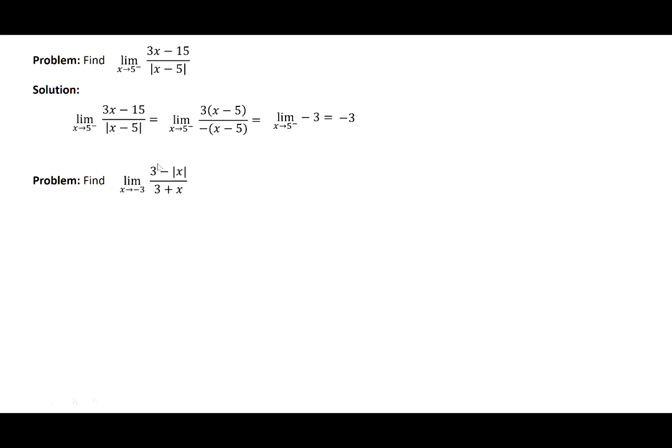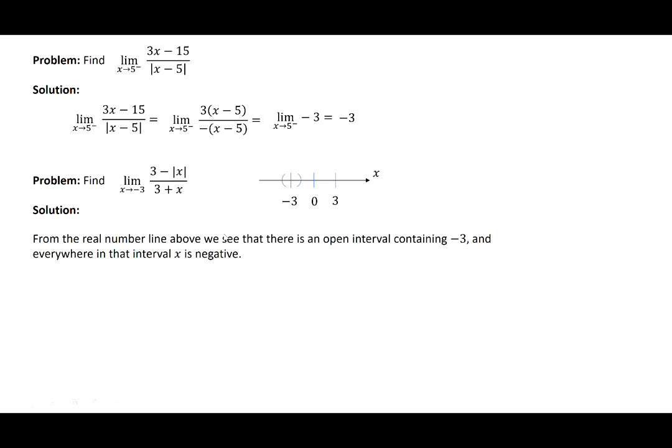So that means the absolute value of x should be replaced by negative x. We are talking about negative 3 being here, and there is an interval just in the immediate neighborhood where x is actually negative.